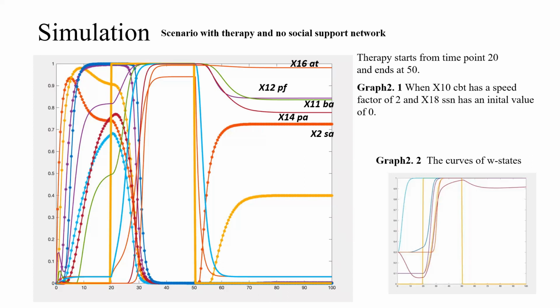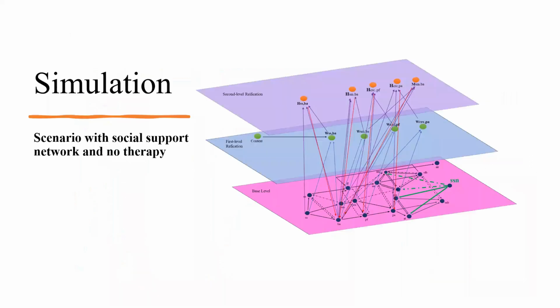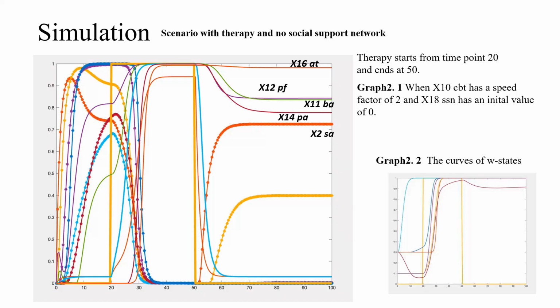Maybe it's because the broad attention is already high enough, so the self-monitoring will drop afterwards. So these are the curves of W states, basically showing how much it's learned. And I just want to quickly add, because self-monitoring and cognitive reconstruction react to the negative emotion states, if they are resolved through the therapy, then they will not be that active afterwards. So that's another reason.